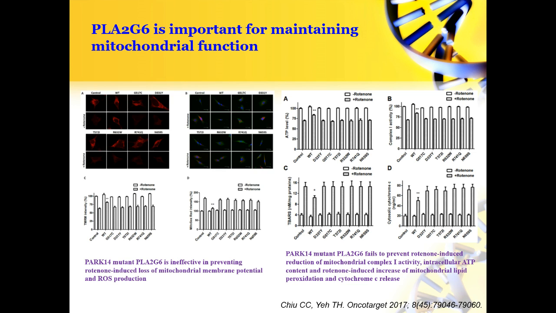PARK14 mutant PLA2G6 failed to prevent rotenone-induced reduction of mitochondrial complex-1 activity, intracellular ATP content, and rotenone-induced increase of mitochondrial lipid peroxidation and cytochrome C release. These findings suggest PLA2G6 is important for maintaining mitochondrial function.